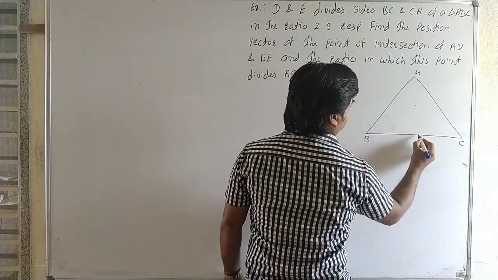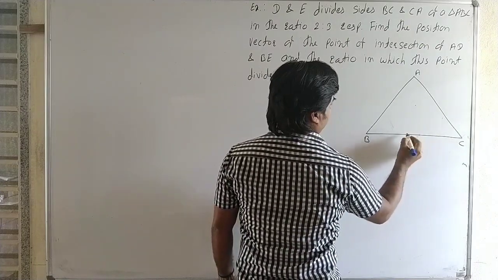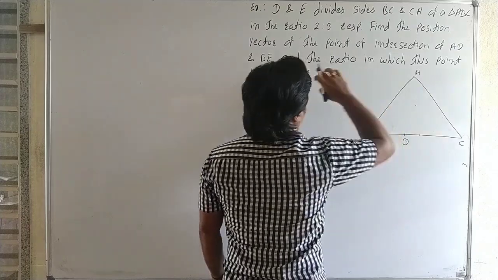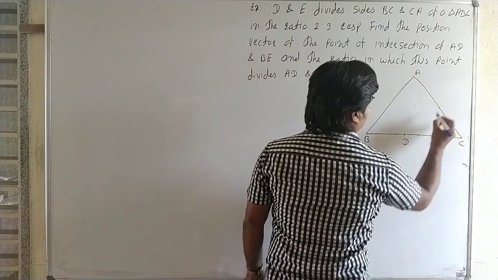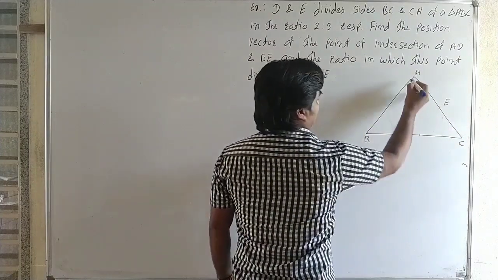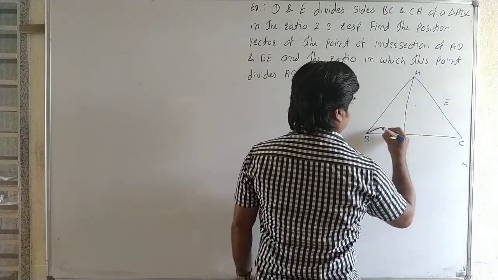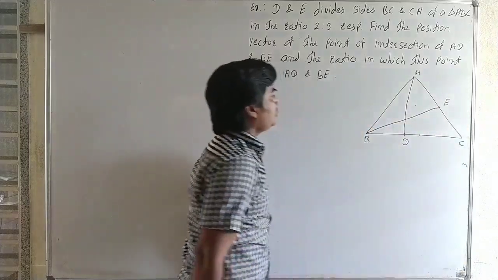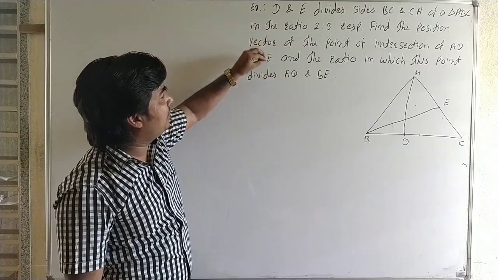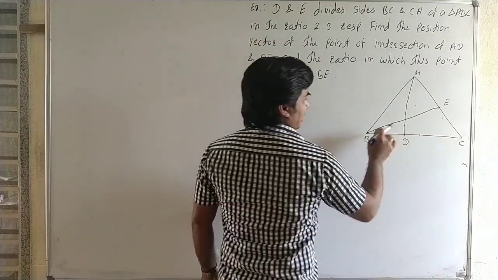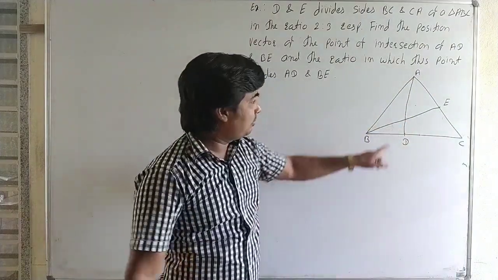Then we find the position vector of the point of intersection of AD and BE. Here AD and BE, it is a point of intersection. We find the position vector of this point.